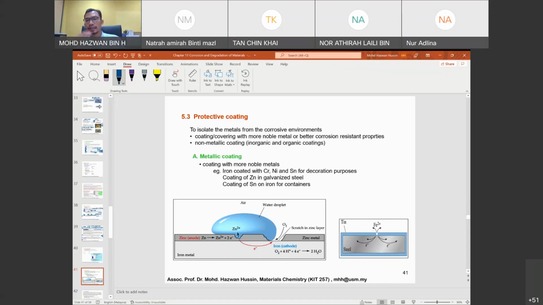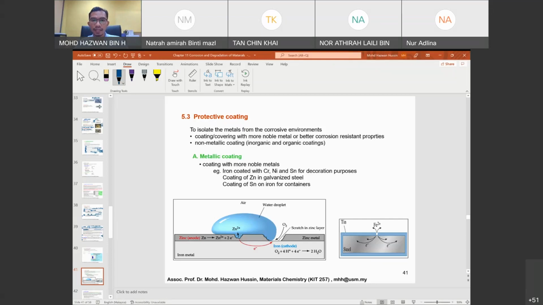So when you apply coating, it will create a barrier that separates the environment of the metal and the surroundings. Coating or covering with a more noble metal or one with better corrosion resistant properties. Non-metallic coating, for example, inorganic and organic coating.